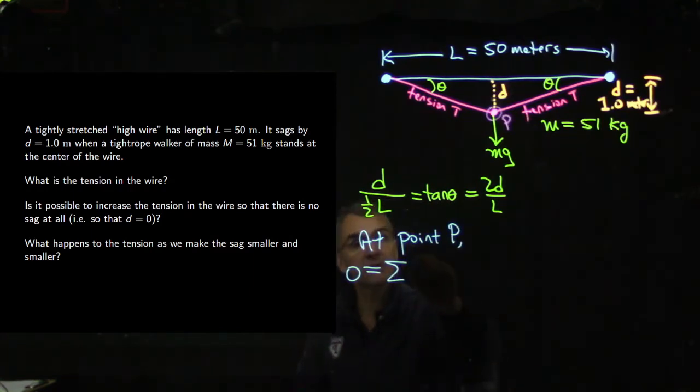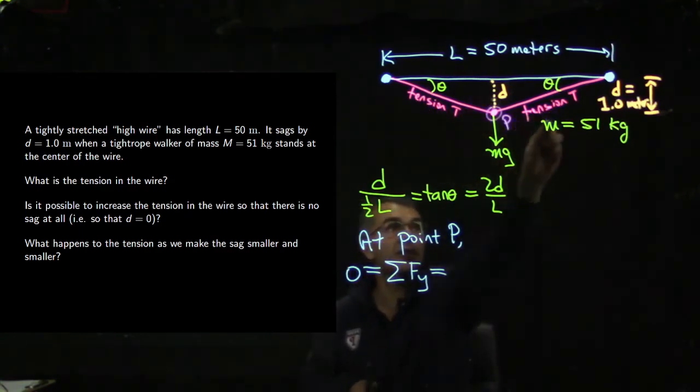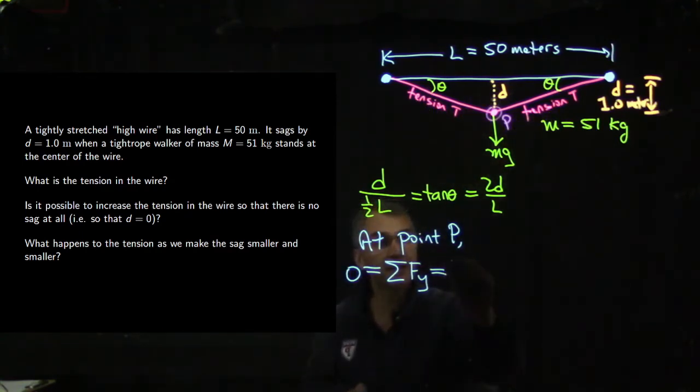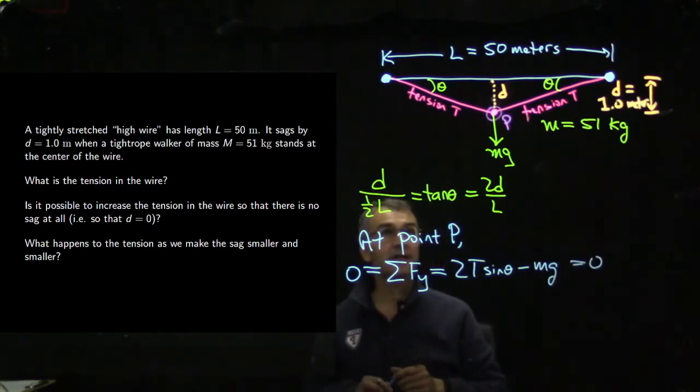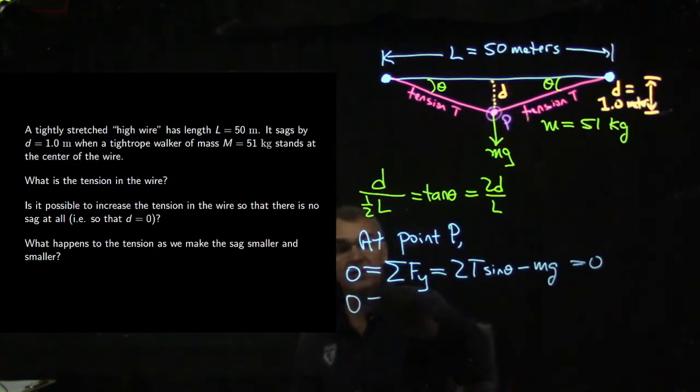So the sum of forces in y, up minus down, is we have T times sine theta on the left, and we also have T times sine theta on the right. So I think we have 2T sine theta up, and then downward we have mg. So those somehow should sum to 0. Actually, I think that might be everything we need. See, if you wanted to, you could say 0 is the sum of the forces in x.